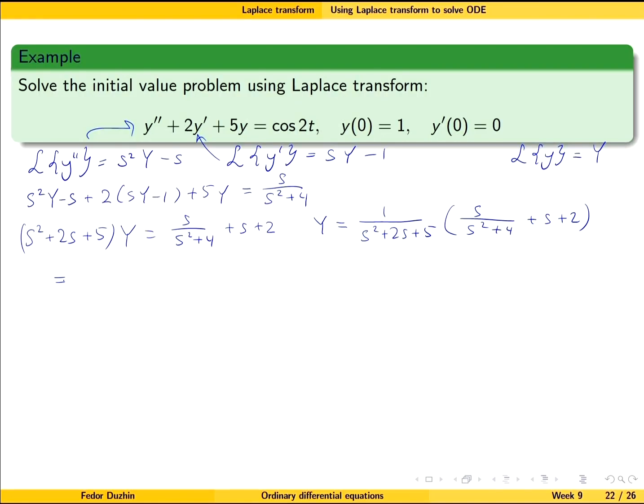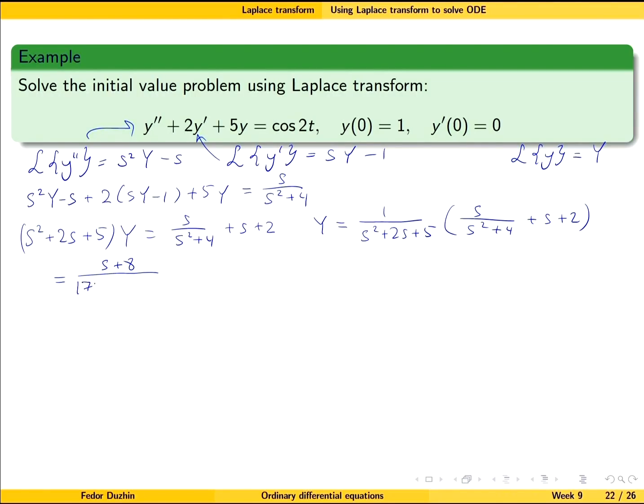Which is why I'm saying that the method of Laplace transform, even if you use the table of Laplace transforms, is more complicated than just solving it directly. But I'll just give you the answer, which you can get by entering this expression into Wolfram Alpha. It gives you partial fractions immediately.